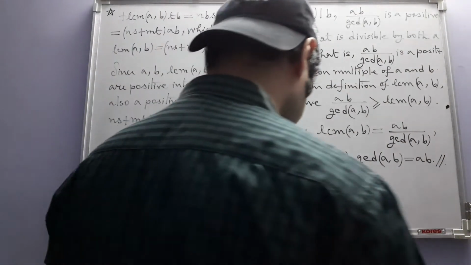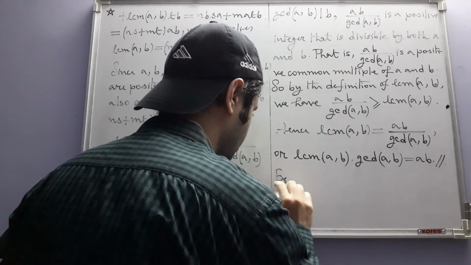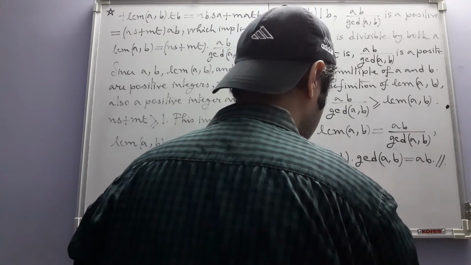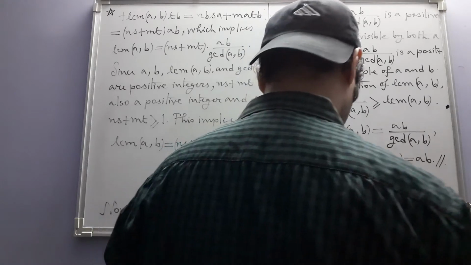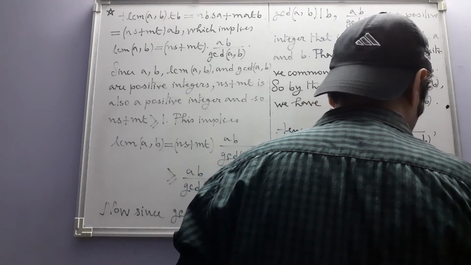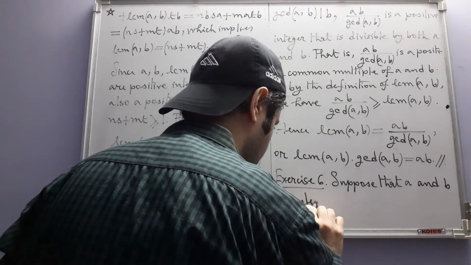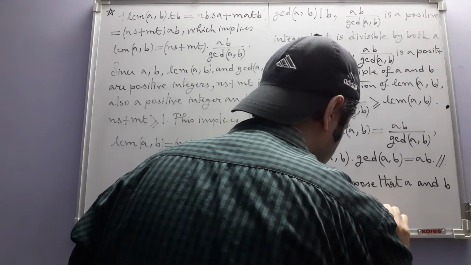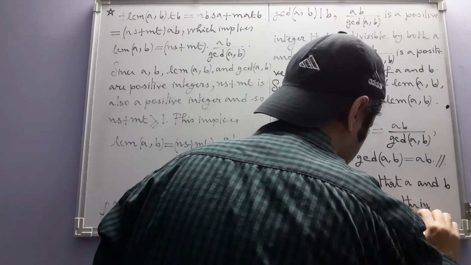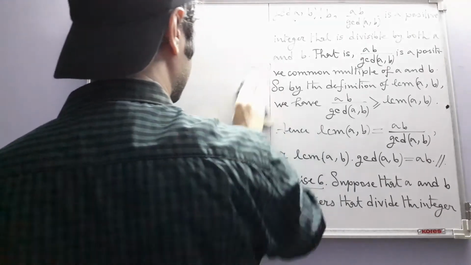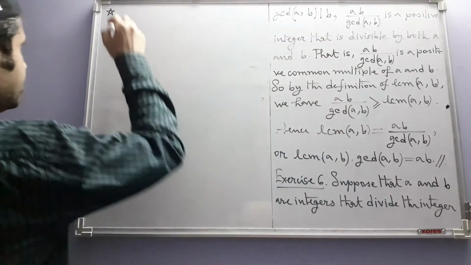Okay. Exercise 6. Suppose that a and b are integers that divide the integer c.